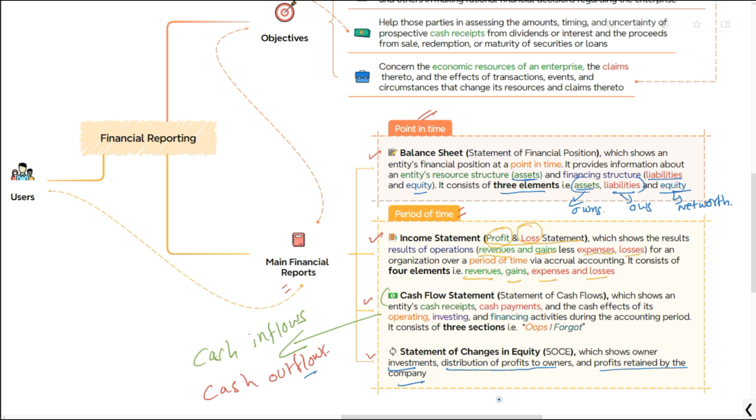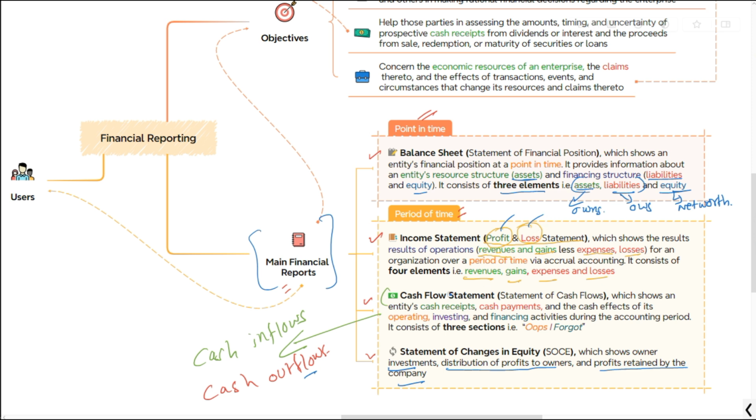Now you can understand what information we get from these main financial reports. We are going to understand the assets of the company, the liabilities, and the equity. Asset is what the company owns, liabilities is what the company owes, and equity is the net worth. From the income statement, we can know the profit and loss of the business.